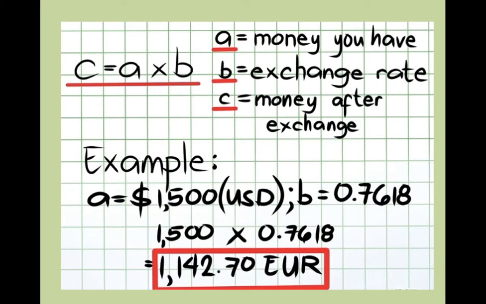So for example, if you had 1,500 US, times it by 0.7618, which was the exchange rate of said country, let's say euro, you would be left with 1,142.70 euro. Obviously, this exchange rate will always change depending on the fluctuations in the economy and in the foreign exchange rate, which you would need to use the Forex to determine.